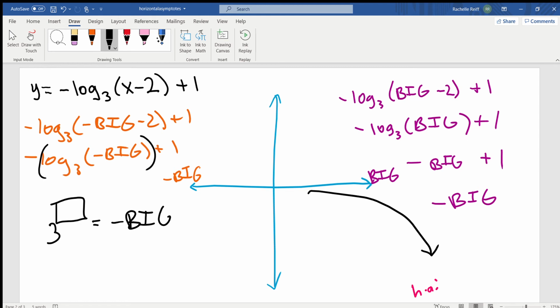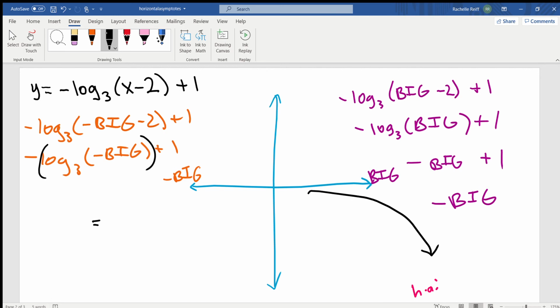If I take 3 to the 0, that's just the number 1. If I take 3 to the negative 5, that's 1 over 3 to the 5th, which is still a positive number. In fact, there is no number I can plug in here to make this a negative number.